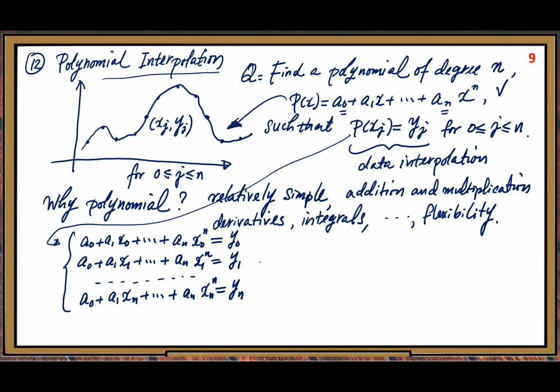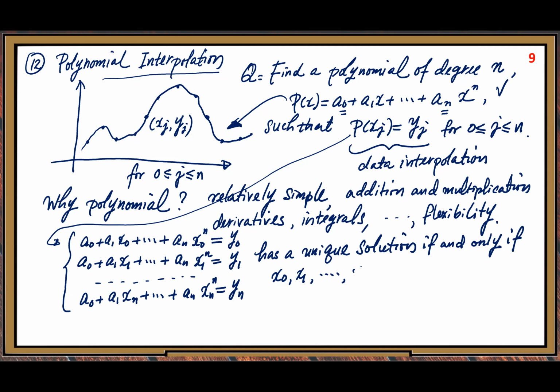And this linear system has a unique solution if and only if these locations, the x coordinates, are distinct.